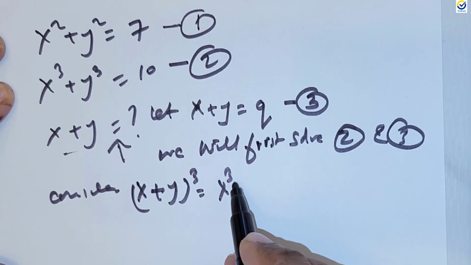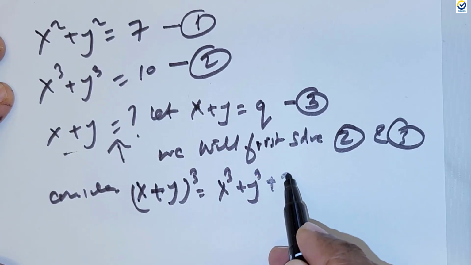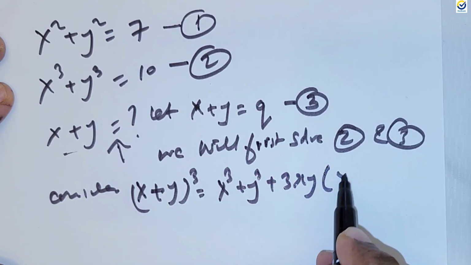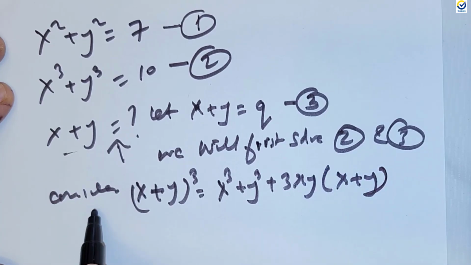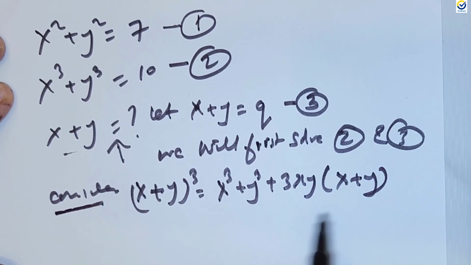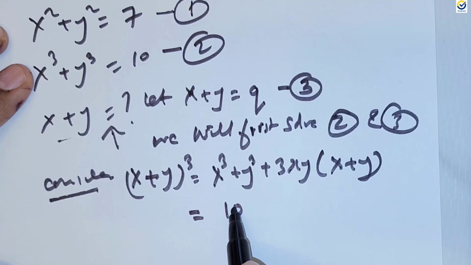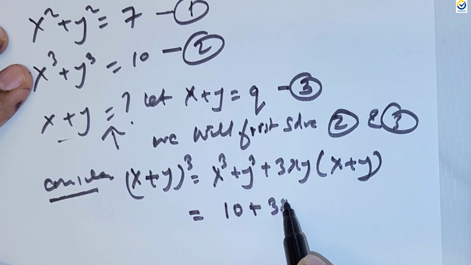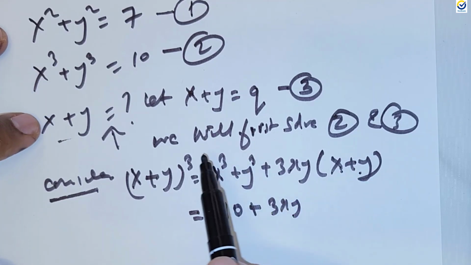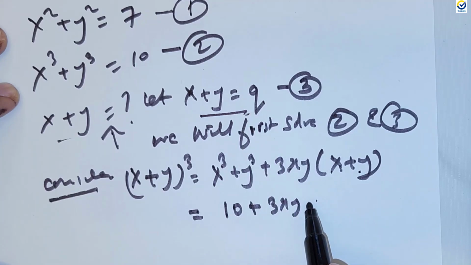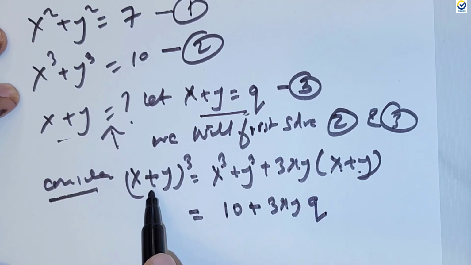Okay, so consider x plus y whole cubed. This is going to be x cubed plus y cubed plus 3 times xy times x plus y, right? So we know this formula. Now since x cubed plus y cubed is equal to 10, I can rewrite this as 10 plus 3 times xy. I've taken x plus y to be q, and over here this is going to be q cubed, right?